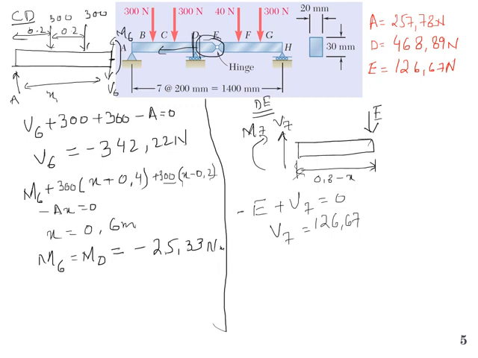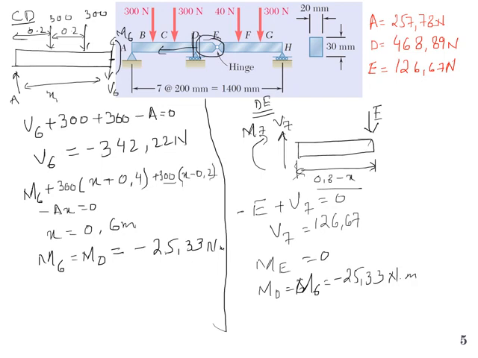And it's a hinge joint, so the moment at E will be equal to 0, and the moment at D will be equal to M6, and that will be equal to minus 25.33 Newton meter. And you can also calculate it from this expression as well.